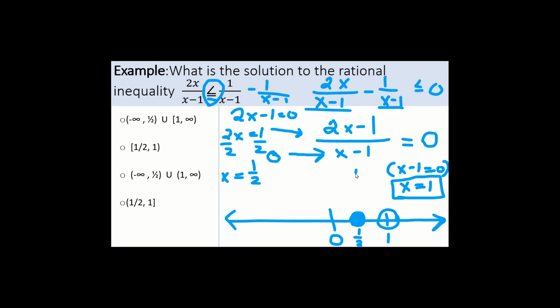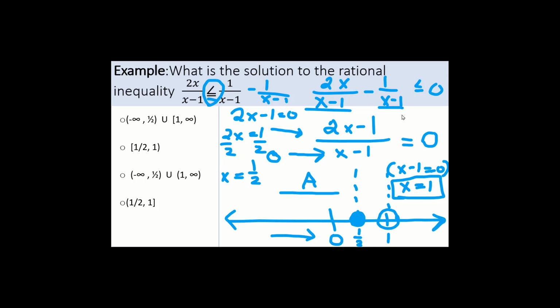And now we divide the number line into 3 distinct areas. This area right here, we'll call that area A. I'm going to pick a number that's in this area, and I'm going to find one that's easy for me to use, so I'm going to stick with 0.